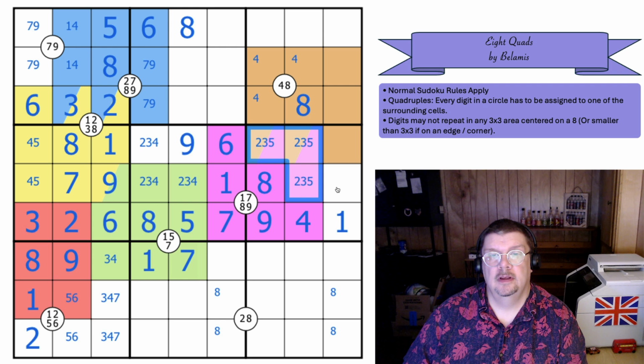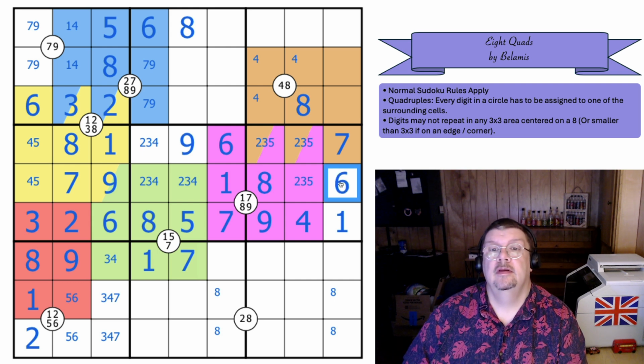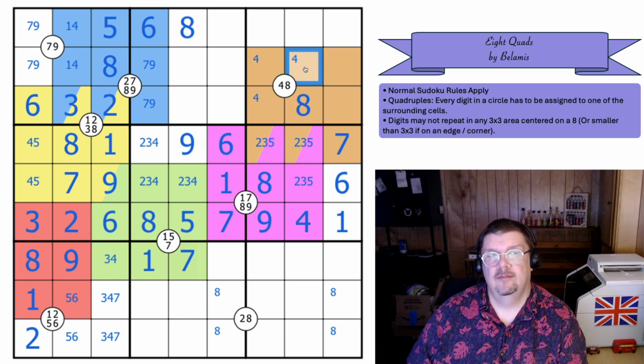Okay, that gives me a 7, which must go there, and a 9, nope, for the box. I need a 6 for the box, there we go. 6 goes there. Okay, that is not a 4 by Sudoku. 6 does not go in any of those by Sudoku, but I need a 6 in orange.